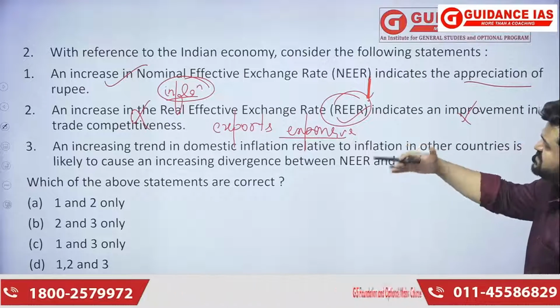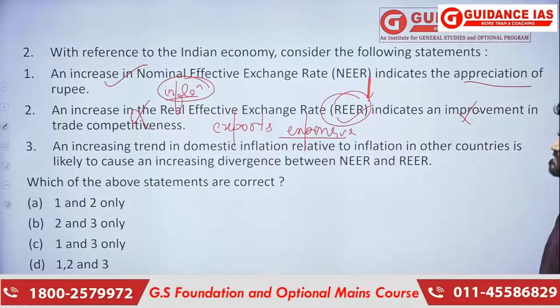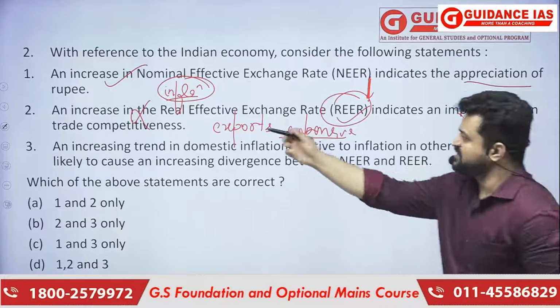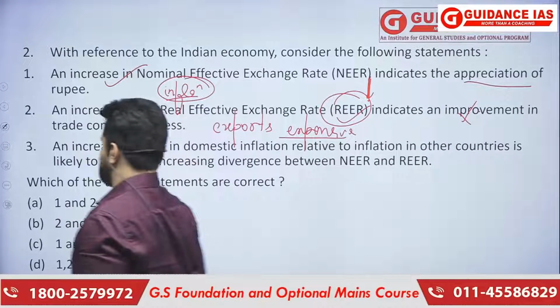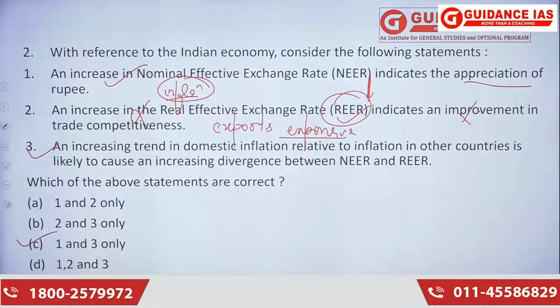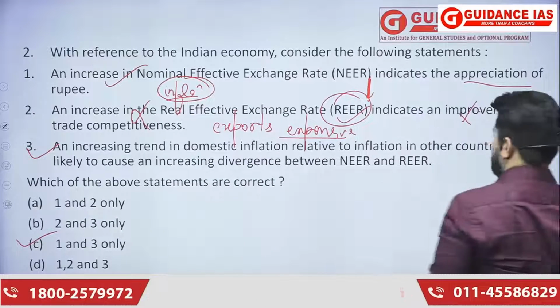So the divergence will increase because of the inflation in countries. Because inflation is accounted for in the estimation of REER, this statement also becomes correct. So the answer would be C, that is 1 and 3.